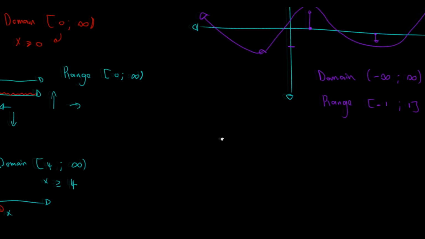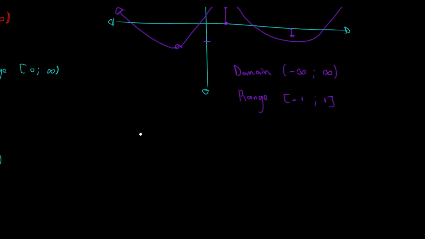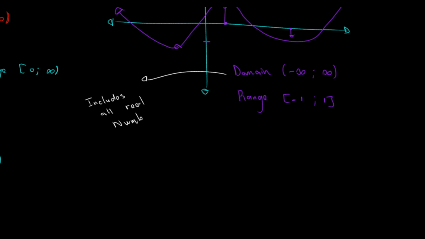For the sine function, again, like I said, there are multiple different ways we can express this. If you want to be a little bit more advanced, we can also say the domain includes all real numbers. We can write that x is an element of all real numbers.